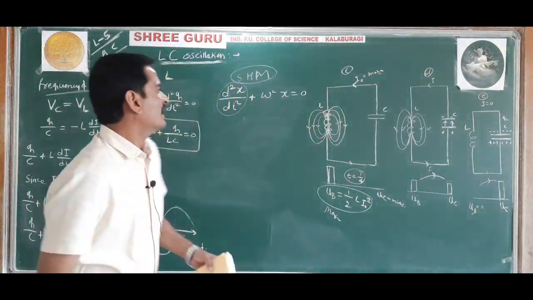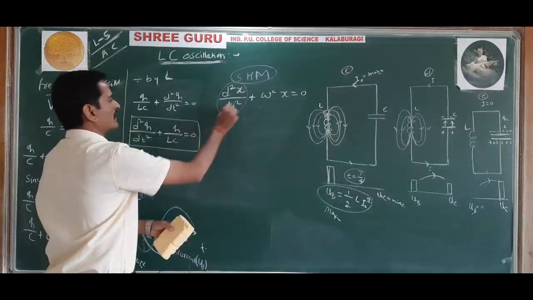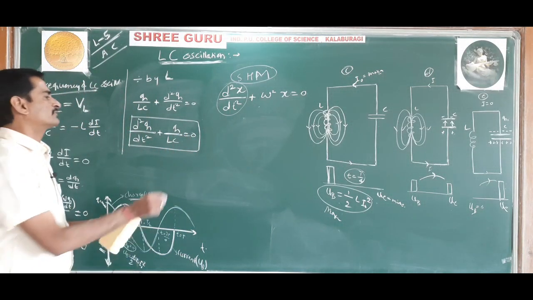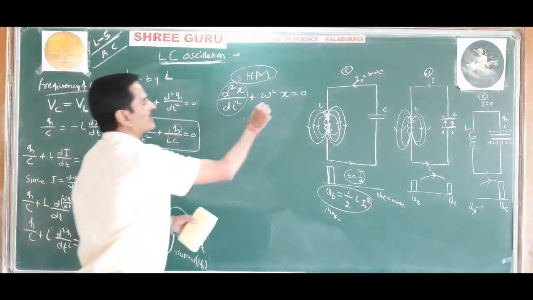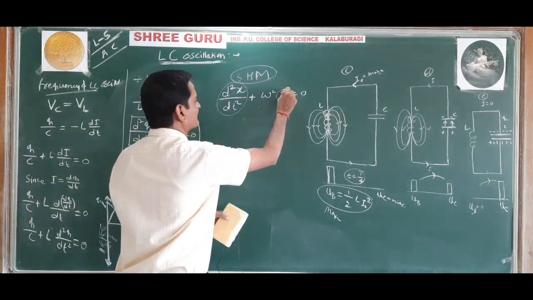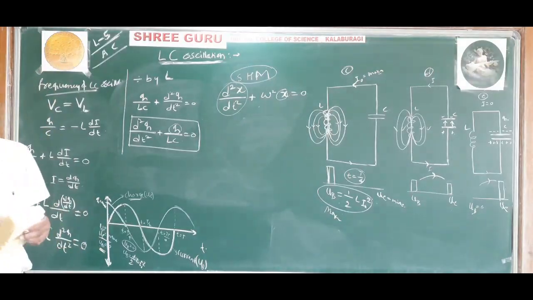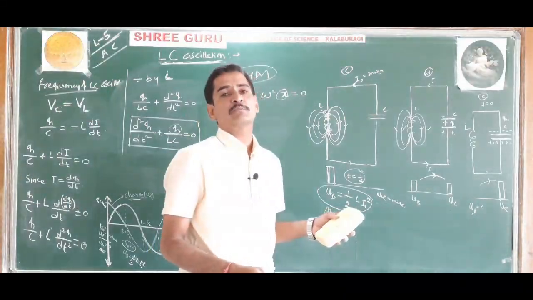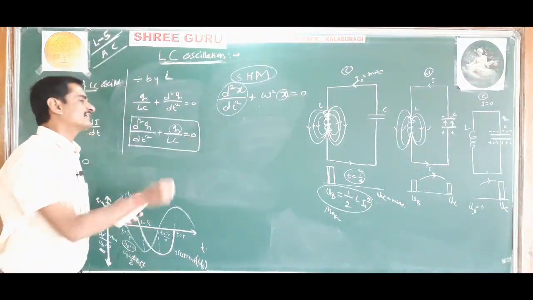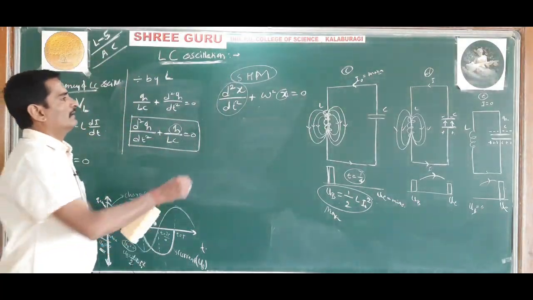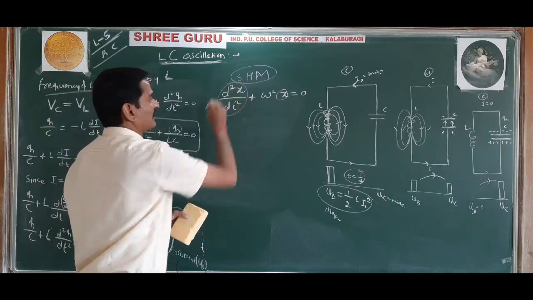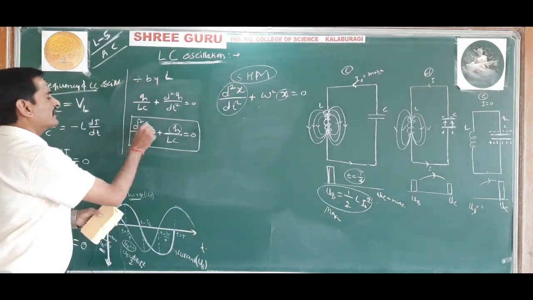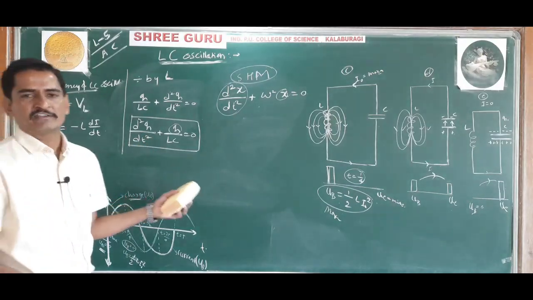So we can compare these two equations. Comparing them, we observe that the displacement in the simple harmonic motion is replaced by the charge, and the acceleration in the simple harmonic motion is replaced by d squared q by dt squared.